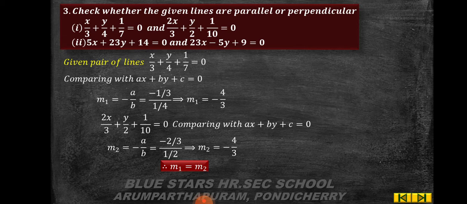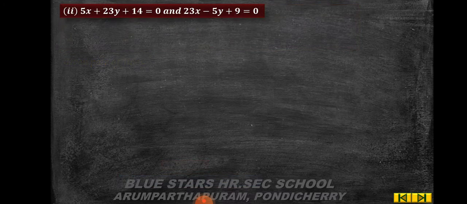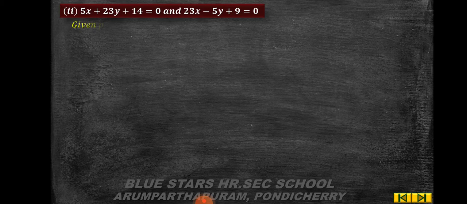So next we are going to see the second subdivision: 5x plus 23y plus 14 is equal to 0 and 23x minus 5y plus 9 is equal to 0. So given pair of lines, 5x plus 23y plus 14 is equal to 0. Again you are going to find the slope.